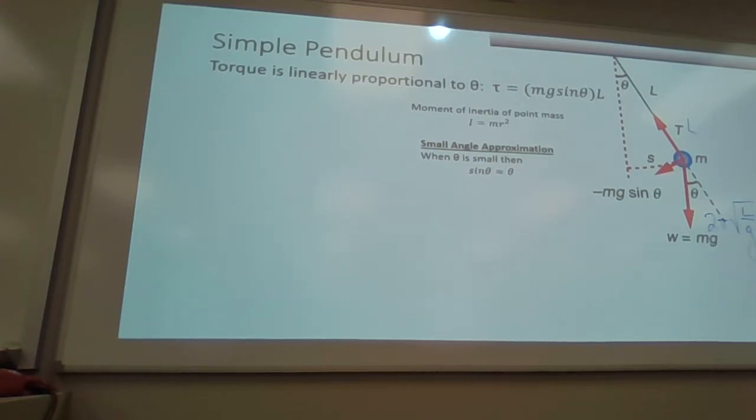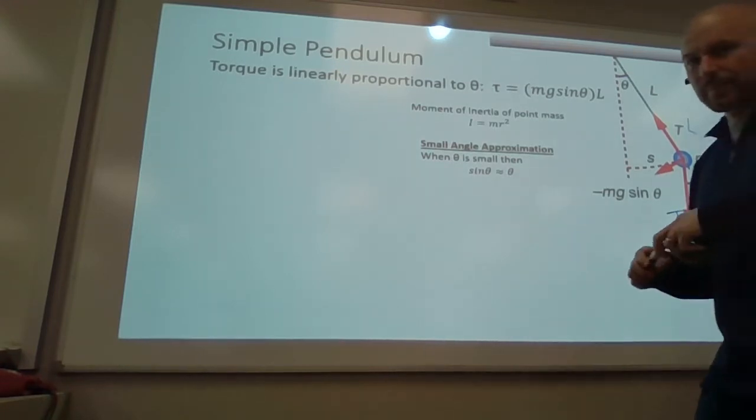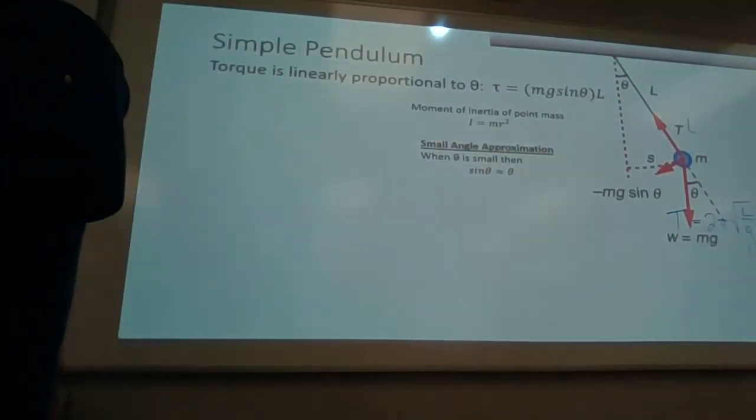This is a very common free response problem. Which one do you want us to derive again? The period. Oh, okay. And that's why I want you to derive it.